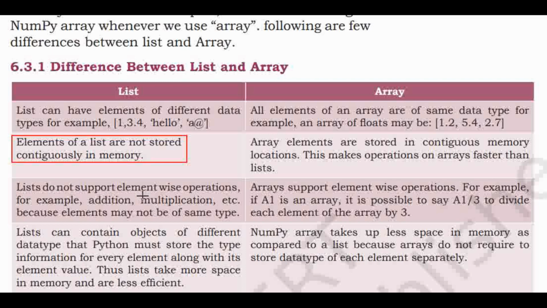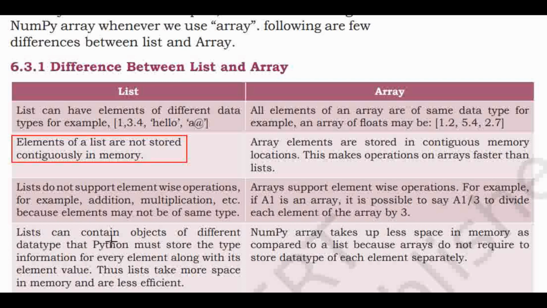Lists do not support element-wise operation, for example addition, multiplication, etc., because elements may not be of same type. Arrays support element-wise operations. For example, if A1 is an array, it is possible to say A1 divided by 3 to divide each element of the array by 3.